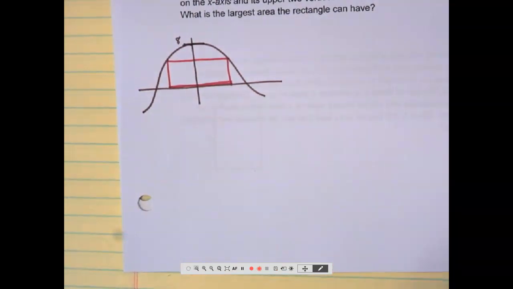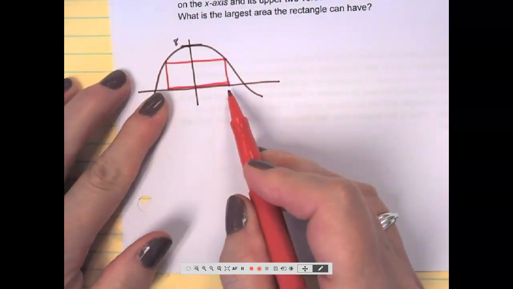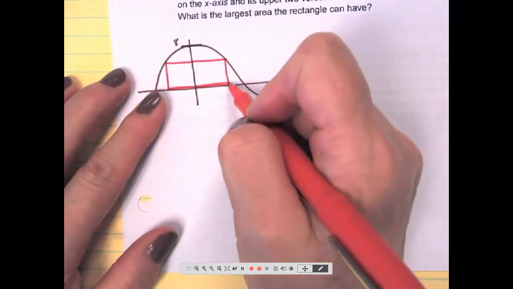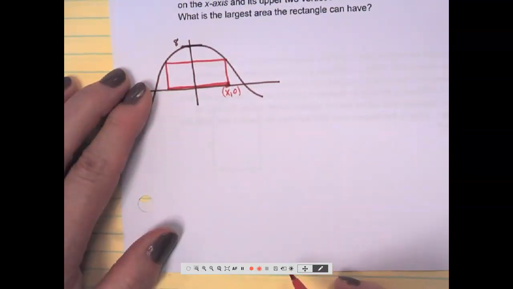Everybody good with that? Okay, how wide is this? We don't know, do we? X. Oh, wonderful. Let's say that that is just x0 there.